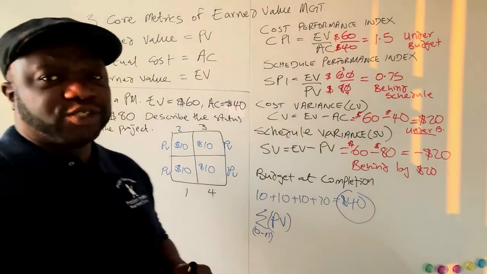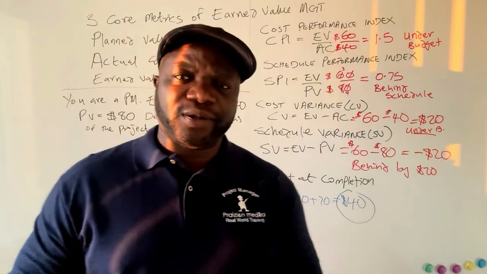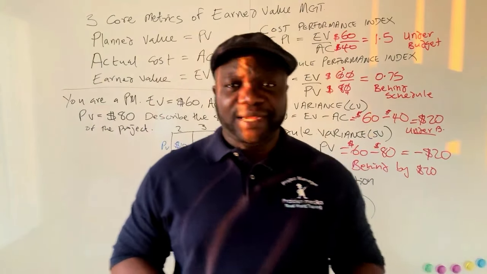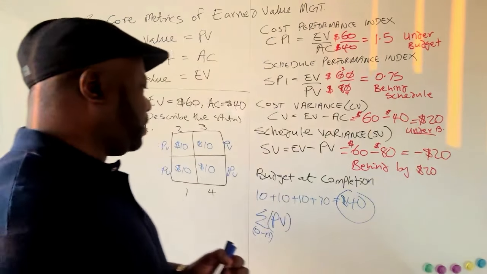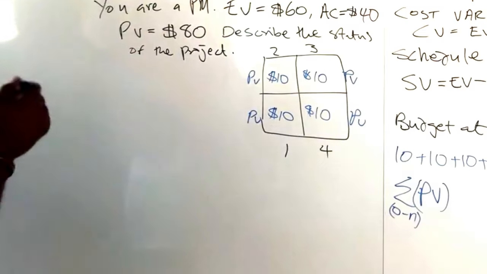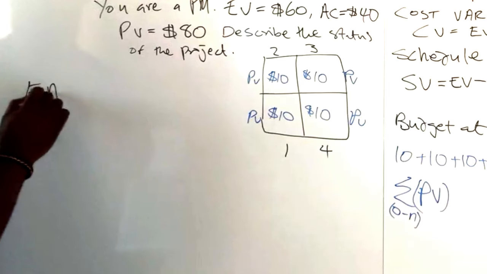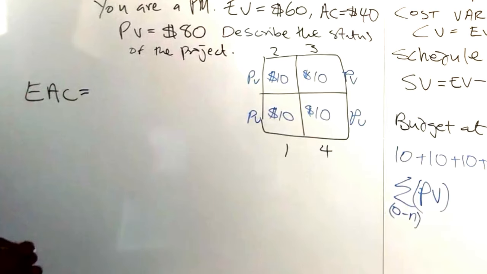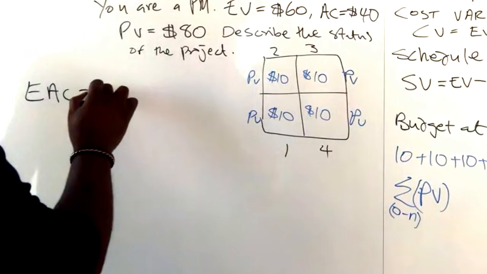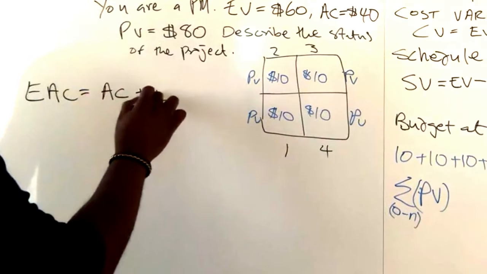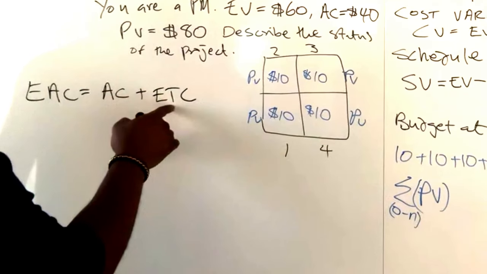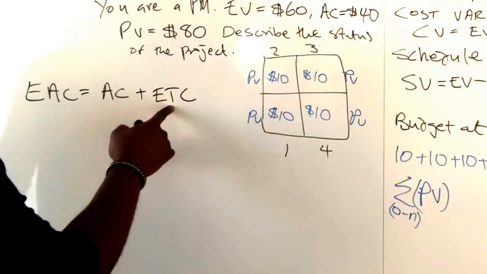Now, the final metric, which I'll show you today, is called EAC, estimate at completion. And for the estimate at completion, we need to factor in actual cost plus something called ETC. This is called the estimate to complete.